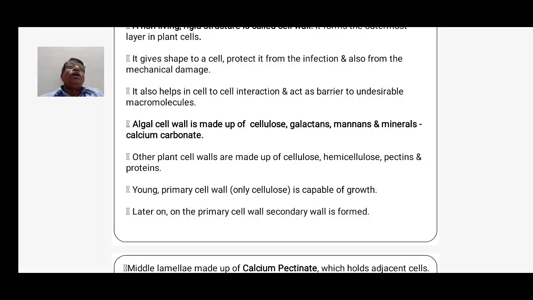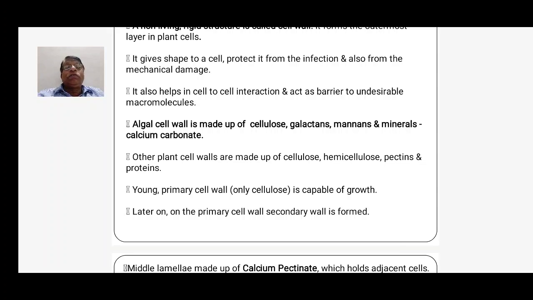Infection means bacteria, fungi, etc. Not only that, it also protects from mechanical damage. The cell wall helps in cell-to-cell interaction and acts as a barrier to undesirable macromolecules.